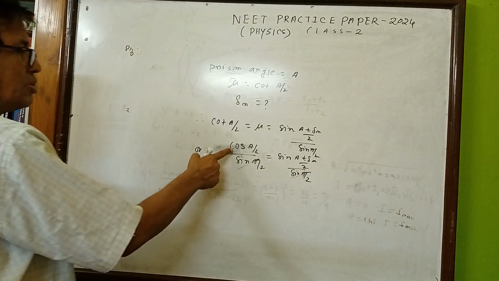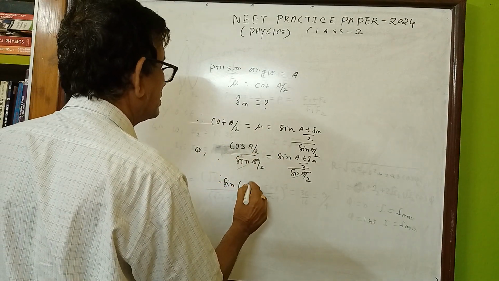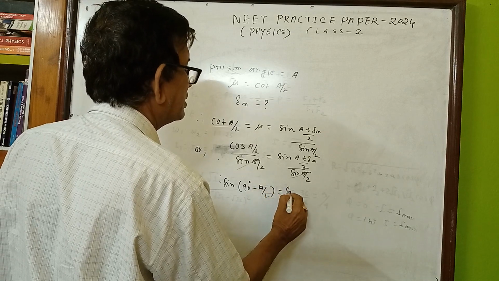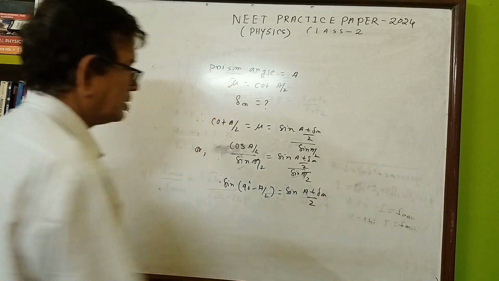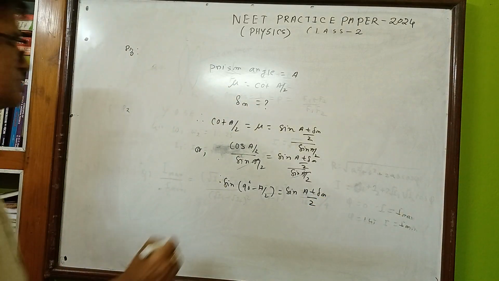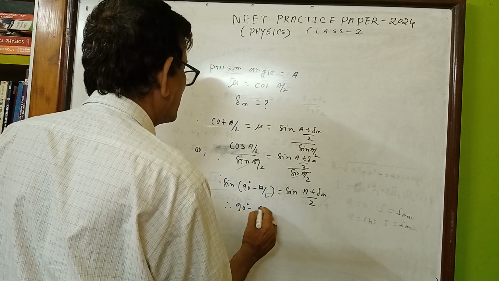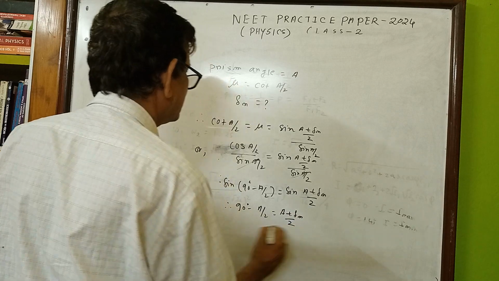Cancel. This cos, you write as sine of (90 degree minus A by 2), equal to sine of (A plus delta m) by 2. If you take the sine inverse, then you get 90 degree minus A by 2 equal to (A plus delta m) by 2.